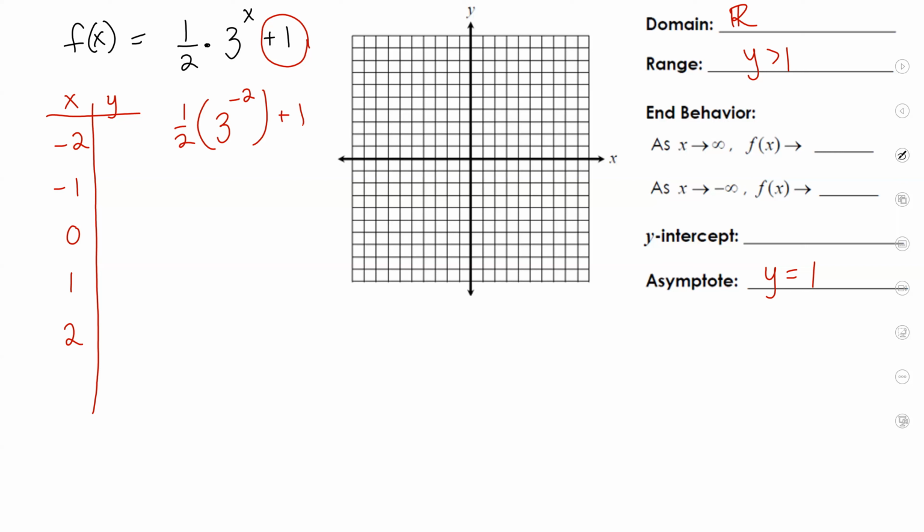So if I have a -2 exponent, do you guys remember what I do? Yep, we'll do the reciprocal, so it'll be 1/3 and it'll be a +2 then. So this will become 1/2 times 1/9 plus 1. This is 1/18 plus 1, which is what? 1 divided by 18 is 0.055. So 0.055 plus 1 is 1.055.